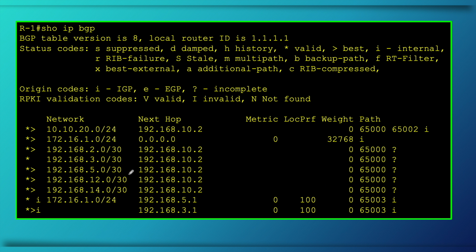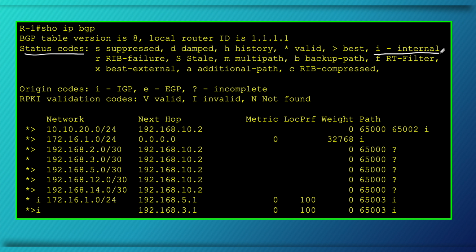Now you might think, how do you understand whether this route or this network I have learned is from iBGP or eBGP? This is very important for you to understand the BGP table. There are two sections, status codes and origin code. I will explain origin code later. Let me explain the status codes to understand whether this network is learned from eBGP or iBGP.